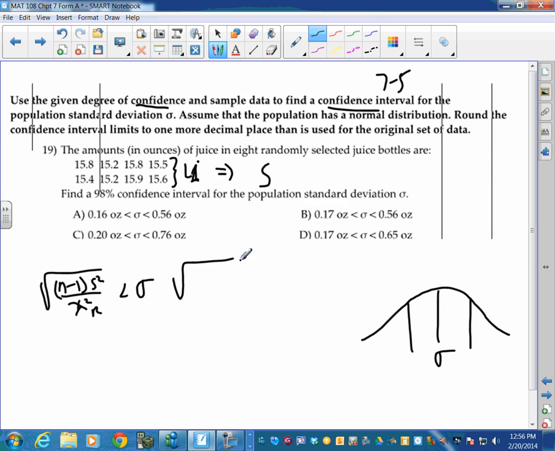So that's the way you calculate s. Then you do one-variable stats. Stat, calc, one-var stats, and you see what the s number stands for.